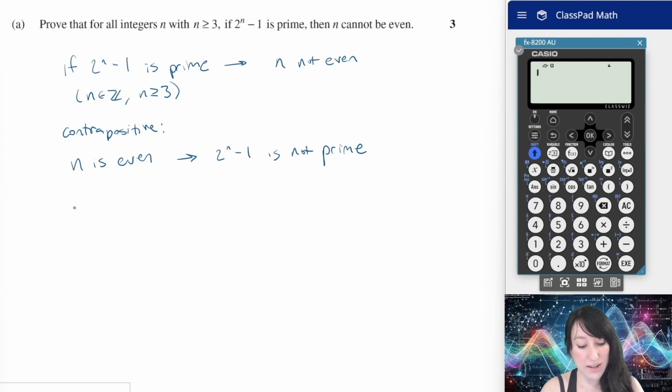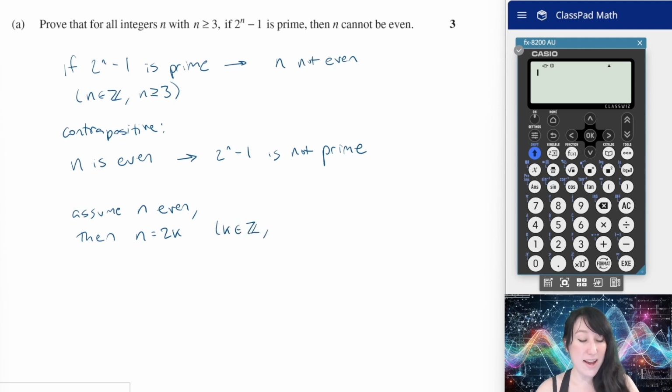So if n is even, then we can express n as something like 2 times k, where k itself is an integer. Since n has to be greater than or equal to 3, k has to be greater than or equal to 2. So let's see what happens in 2 to the n minus 1. Note that this could be looked at as a difference of squares.